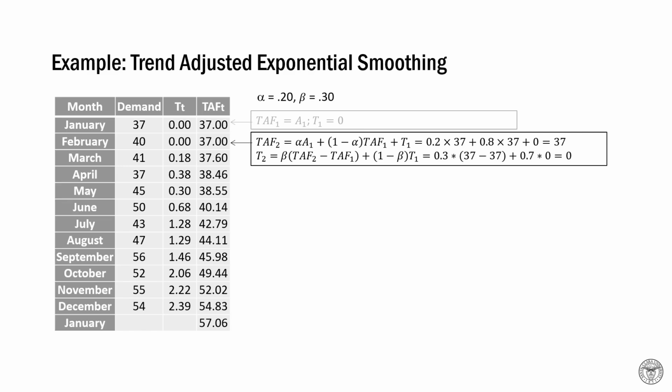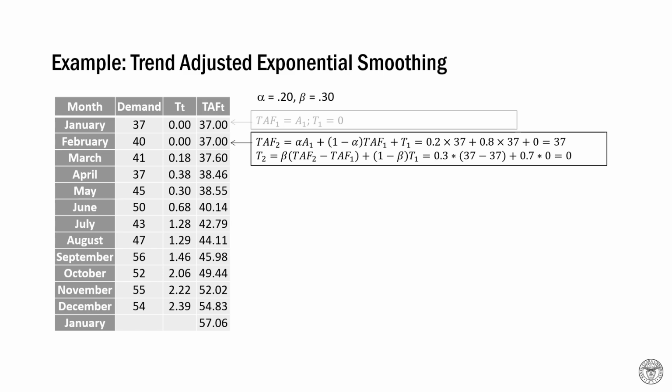Then we calculate TAF sub 2 by taking 0.2 times the actual occurrence of period 1, 37, adding this to 0.8 times the TAF sub 1, also 37, and adding the trend T sub 1, 0, which results in TAF sub 2 being 37.